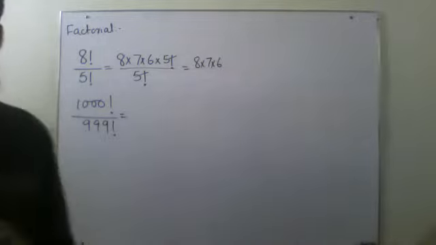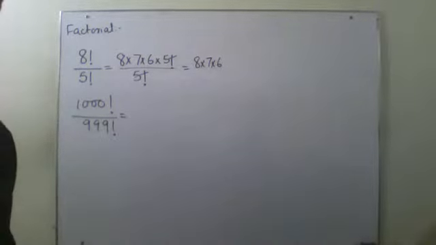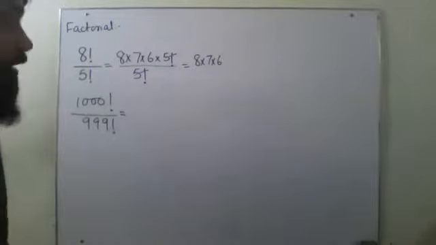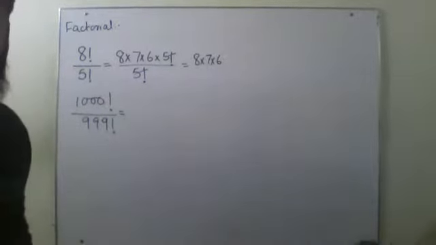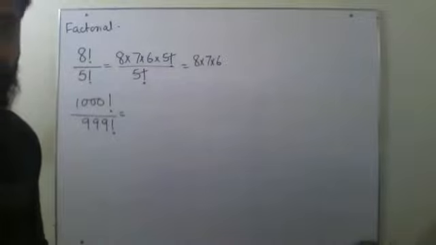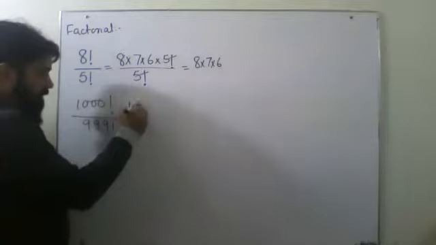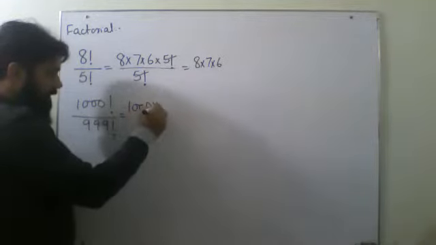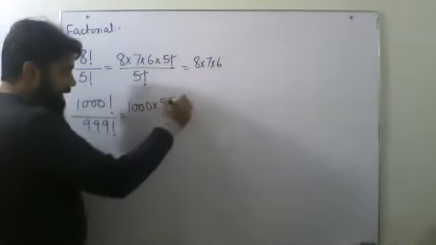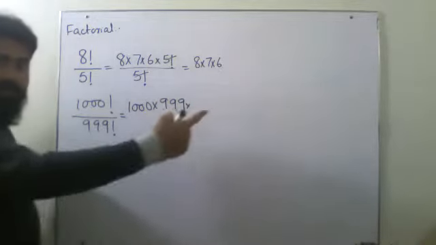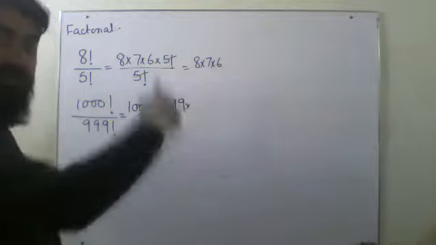They are two very large numbers. If I expand them fully as a factorial, it will be a very, very large number. So what can I do? 1000 factorial is 1000 into 999, then 998, 997, 996, 995, till 1.